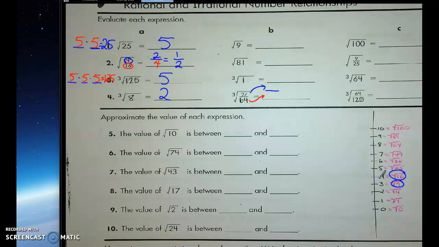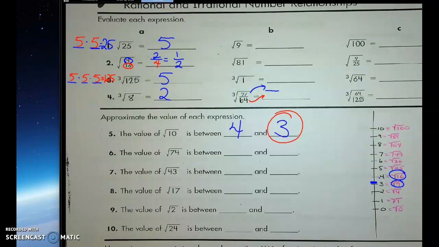So that means it has to come in here in between that 3 and that 4. So I know it is between 4 and 3. Now, just to add a little bit extra, which one is it closer to? Square root of 10 is just barely bigger than square root of 9. So that means it's going to be closer to the 3. Okay?